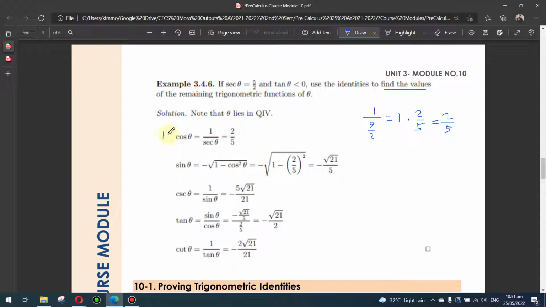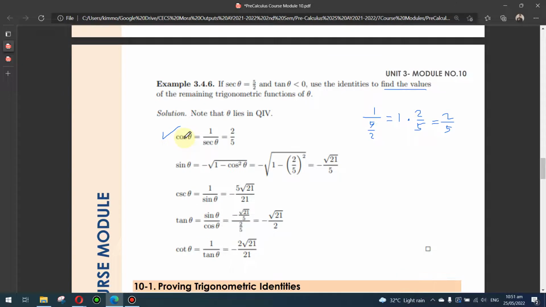So, nanantay isa ka identity nga, isa ka trigonometric function nga na-solve. Next is to solve for our sine. Since nanatay cosine, then naatay Pythagorean identity which is sine squared plus cosine squared is equal to 1. So i-manipulate nato tong identity, makuha nato ni siya, di ba? Itong i-transfer nato si cosine sa other side, so motong na negative siya.